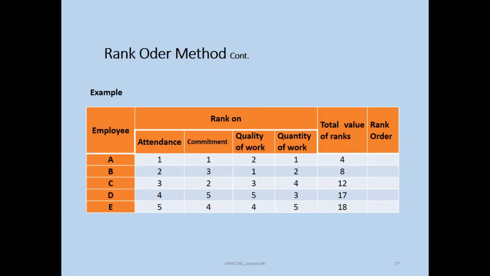When we consider the total value of rank, the lowest value of the rank is with employee A. Now we can give the overall rank number 1 to employee A, and the next person is B, C, D, and E. Then we can give the rank order 1, 2, 3, 4, 5 to employees A, B, C, D, and E. This is the rank order method.